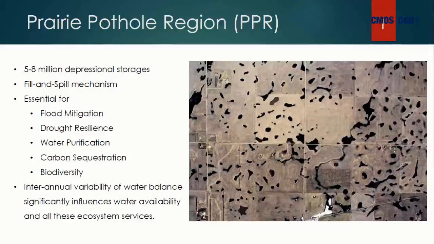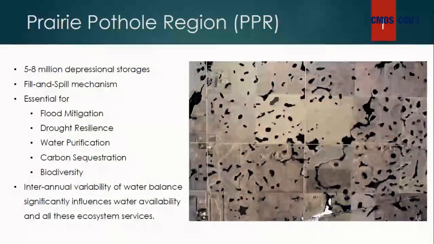These storages are called potholes, and they store water and disconnect the upstream area from the downstream river network until they are filled. When they are filled, they connect to the downstream river network, and they start to contribute to flow generation.